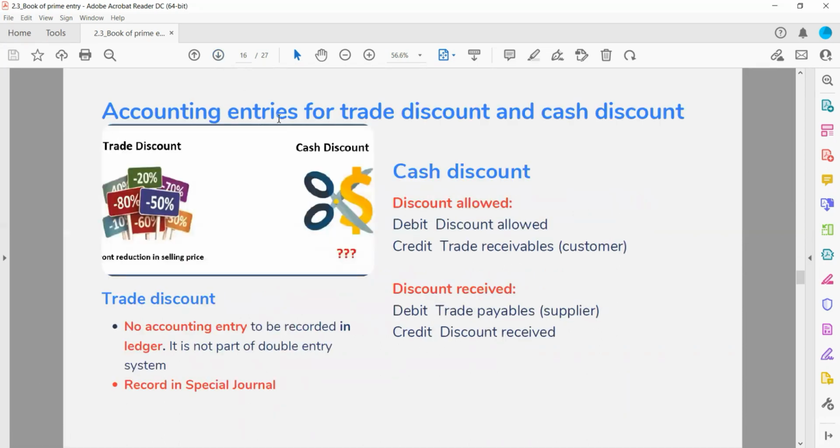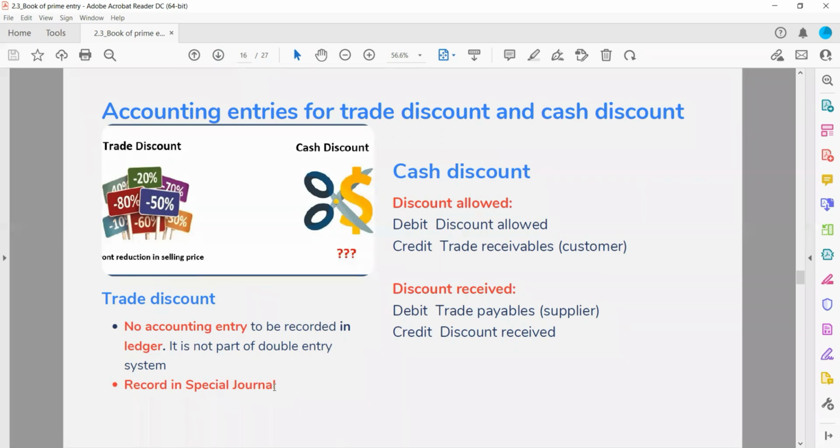In terms of the accounting entry for the trade discount and the cash discount: for trade discount, no accounting entry is to be recorded in the ledger. It is not part of the double entry system. It is recorded in the special journal. What is meant by the special journal?